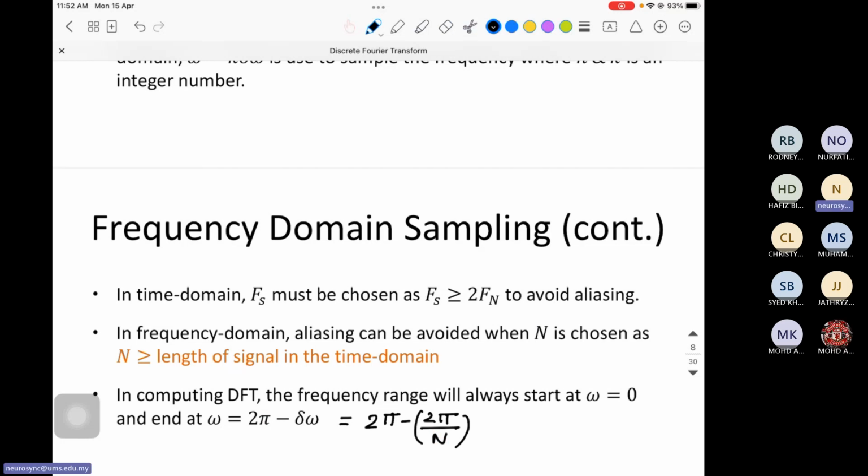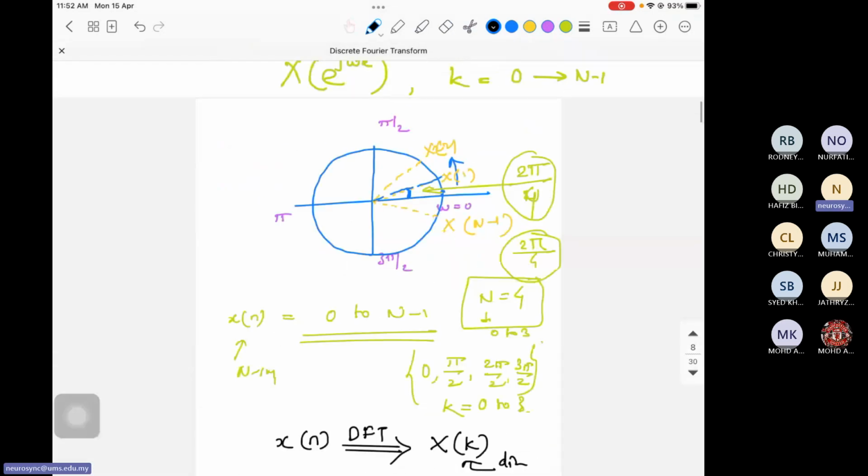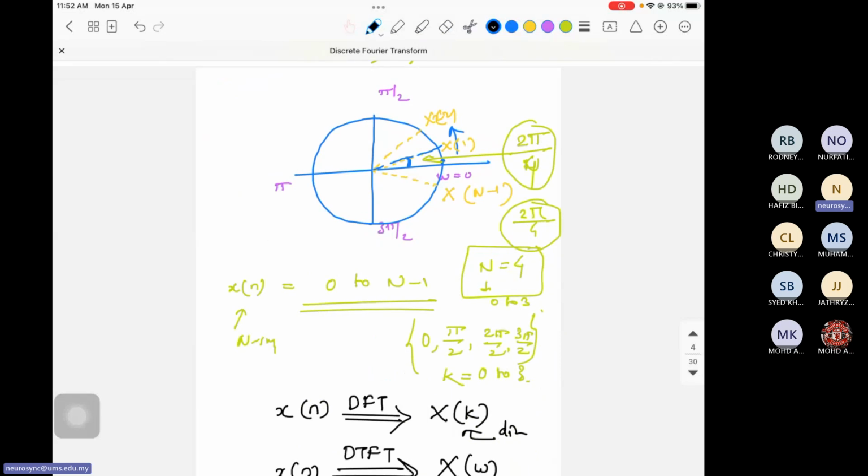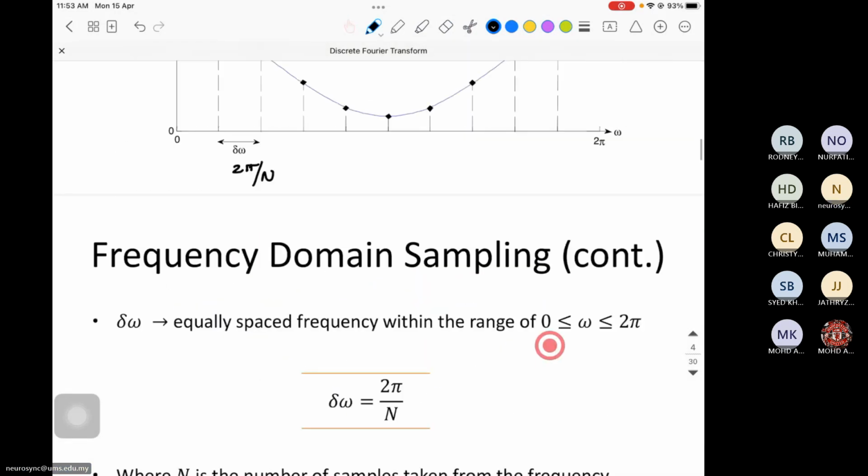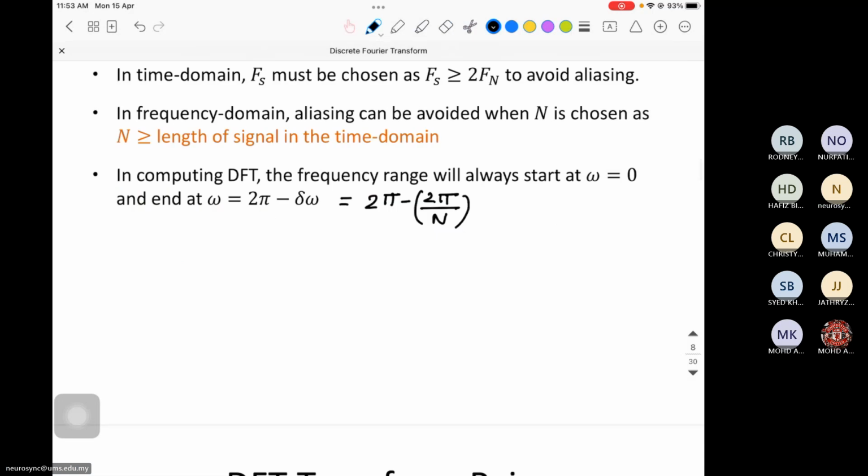In the previous case, if I have 4 samples, n equal to 4, it should end at 2 pi minus 2 pi by 4, that is pi by 2. So the last sampled value is at 3 pi by 2. So you have to always start with omega equal to 0 here.